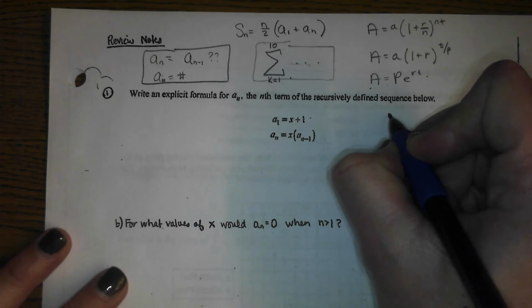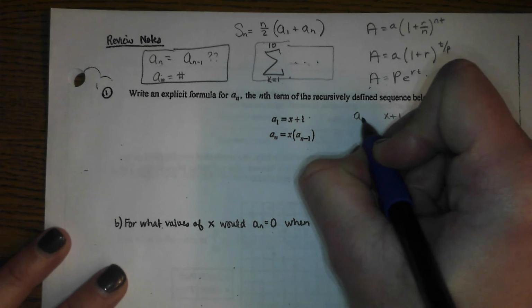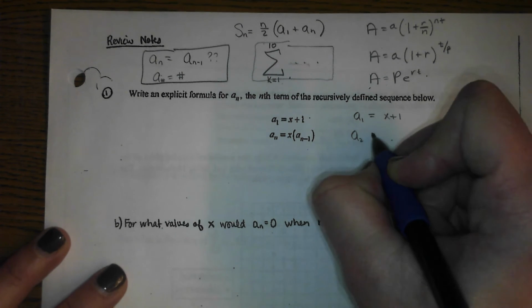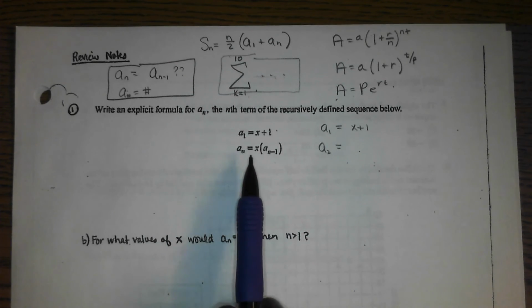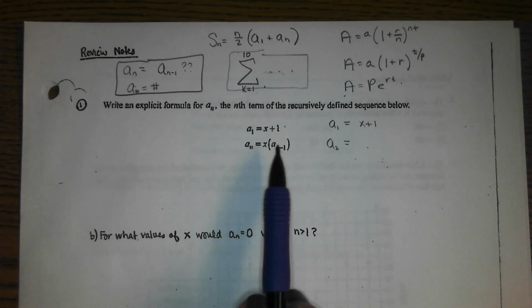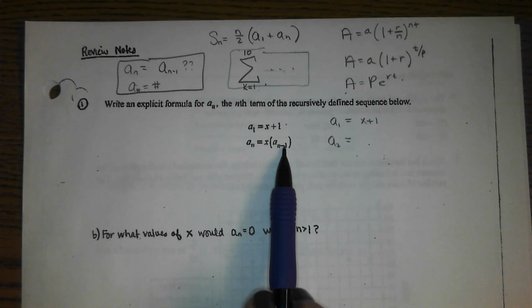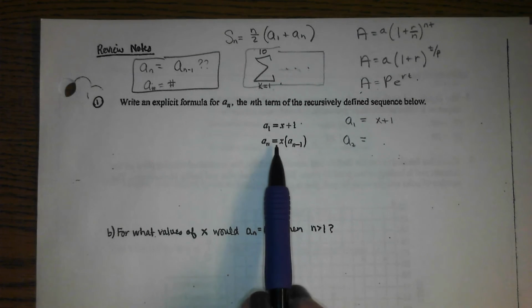Our first term is x plus 1. Our second term. How do we get to our second term? The recursive formula says we take the term before and we multiply it by x, right?